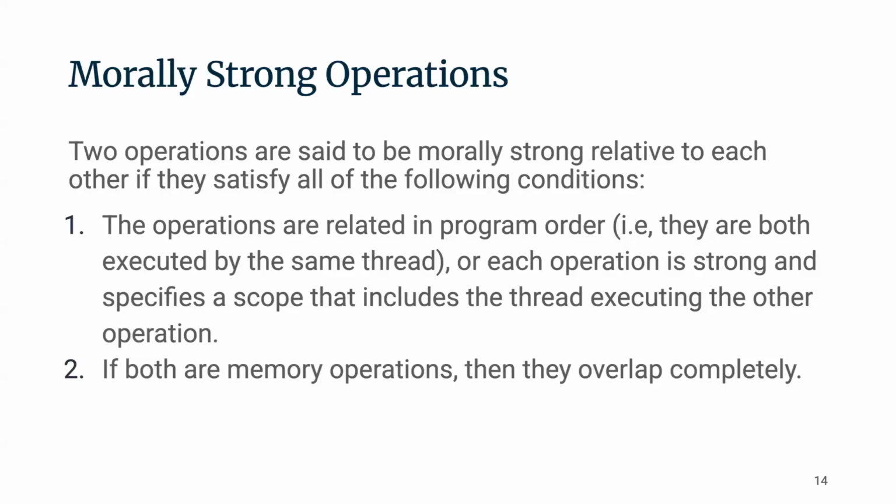So if the other instruction is in another block, they're not in the same scope, meaning it's not morally strong relative to each other. We'll see an example of this later to see how it's relevant. And both must be memory operations that overlap, meaning the same address. So stores to the same location, or stores and loads to the same location, have to be to the same address. If it's unrelated addresses, we really don't care about any consistency between them.